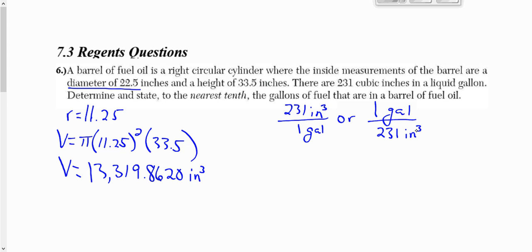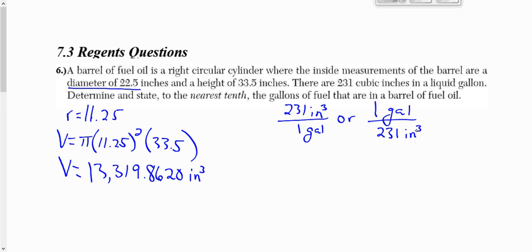So I'm going to take the cubic inches and multiply it by one of these two ratios, and I want the cubic inches to cancel. Which one will make that cancel? Because it's in the bottom, right? Does that make sense? So that really tells me to divide.